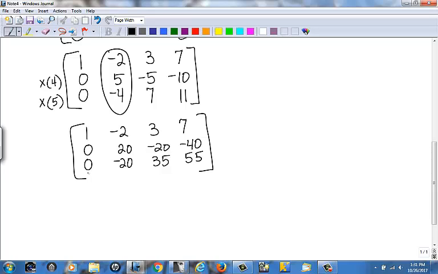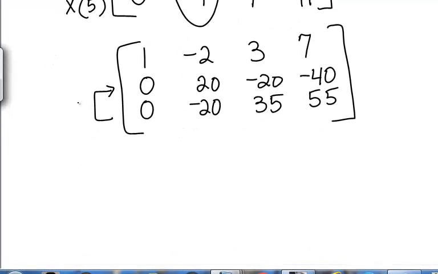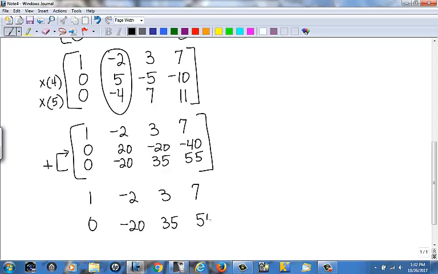Okay? Now you can add up or down, either way. Jackie, which way do you want to add? Up or down? Up? Okay, so just add up. Top row stays the same. Bottom row stays the same. And she wants to just add them up. So if we add 0 and 0, 0.